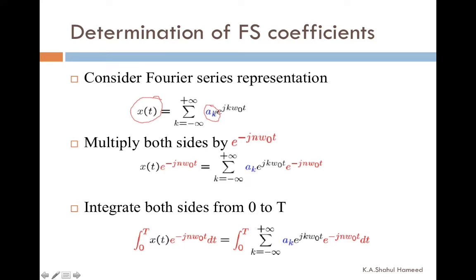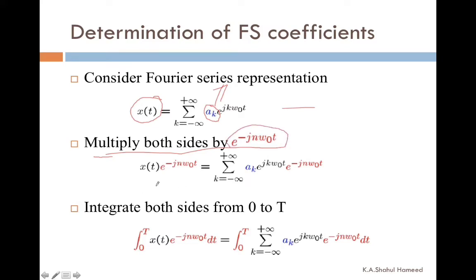So for that we are going to do some mathematical manipulation to exactly find the equation for the Fourier series coefficient. For that I'm going to multiply both sides of the first equation by e power minus j n omega naught t.